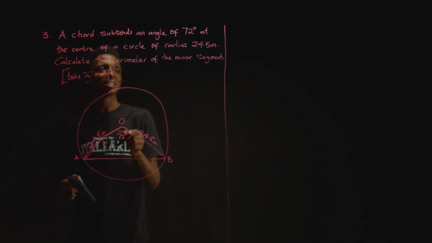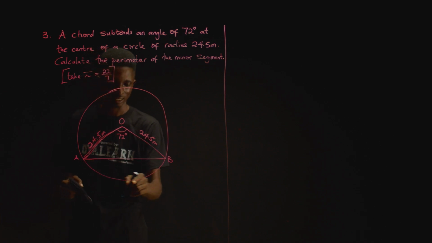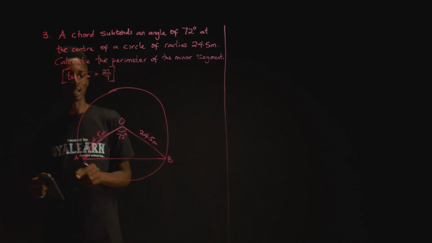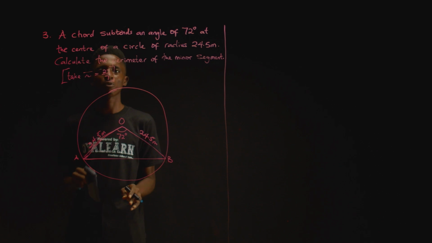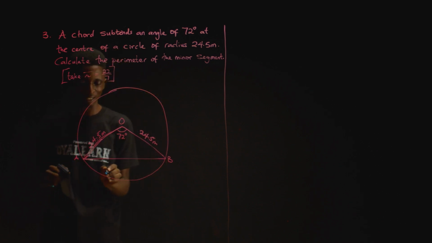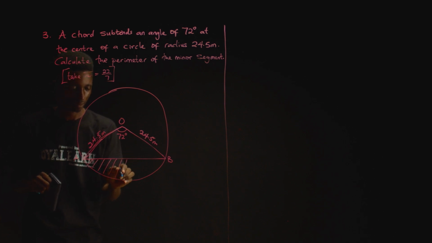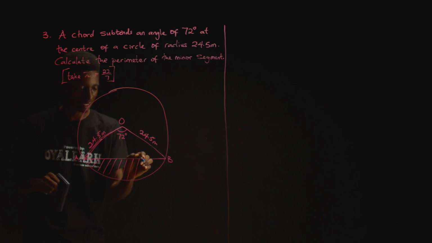So what is left is this length here, the minor arc, right? So since we are asked to find the perimeter of the minor segment, in this case it refers to this part here. This part here is the minor segment.